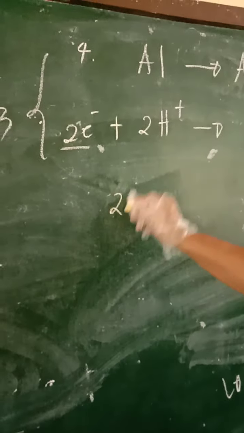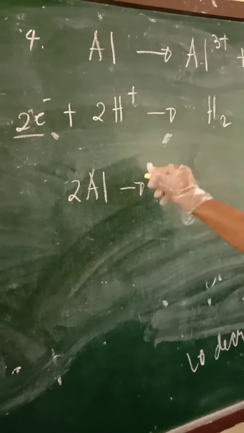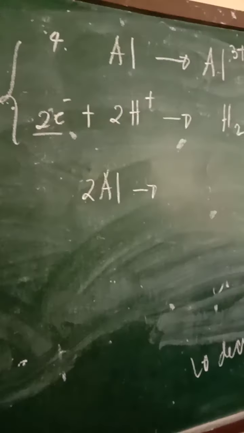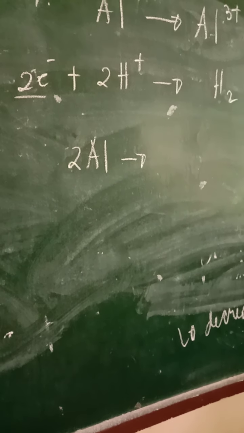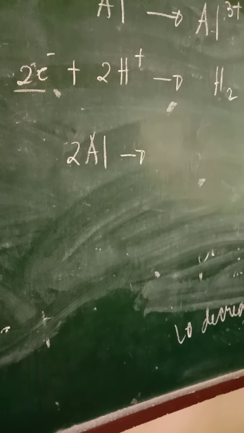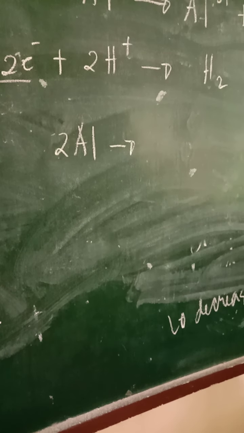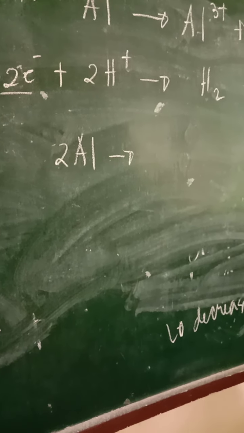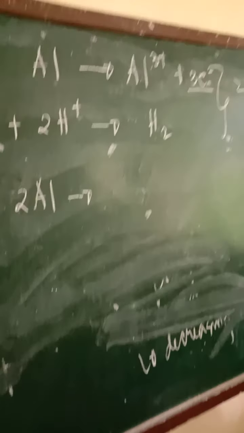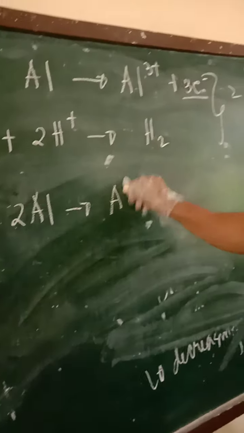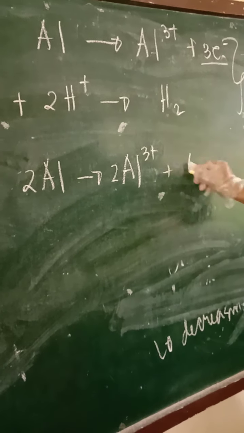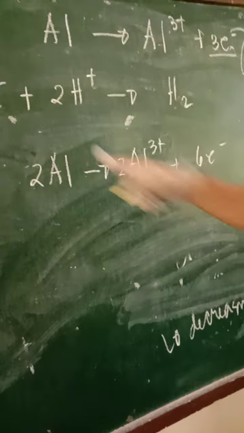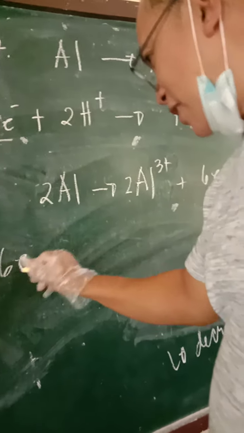Okay. So, multiply this by 2. It becomes 2 aluminum. Aluminum 2 times 3 plus, because it becomes 6 electrons. Then in the case of this, it becomes 6 electrons.